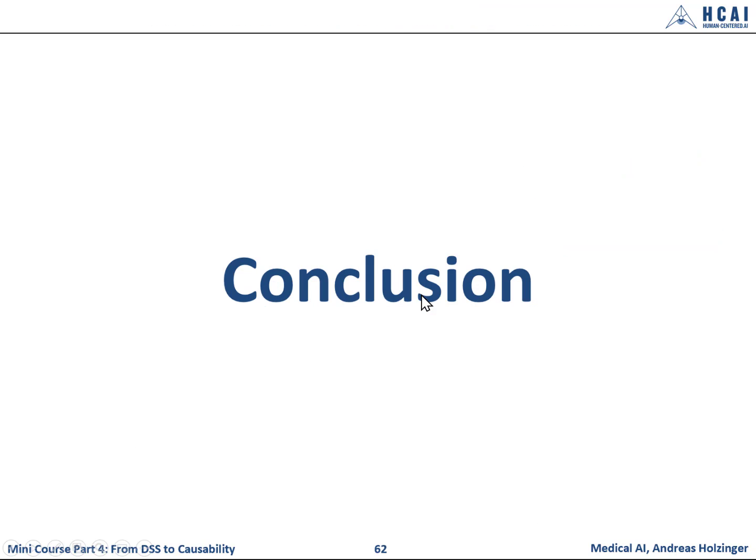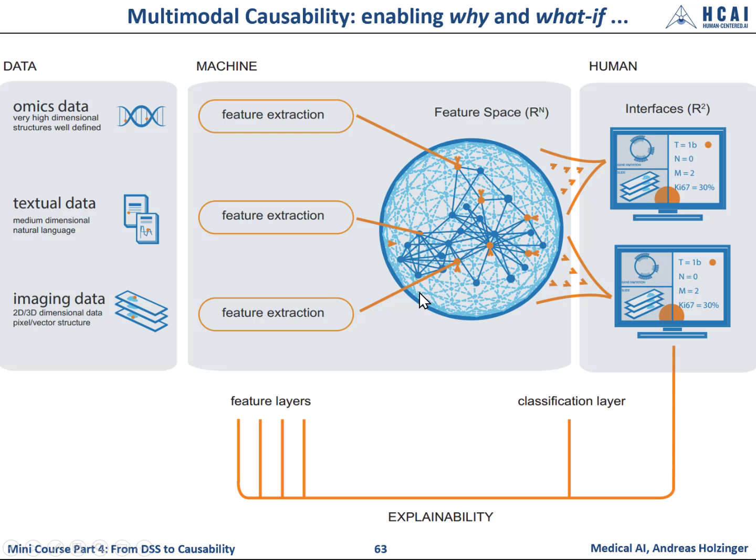Why is this important? That brings us to the conclusion, and I know your coffee is already boiling and you are now curious for the last slide. So the very last slide. In medicine, we need something we call multimodal causability.